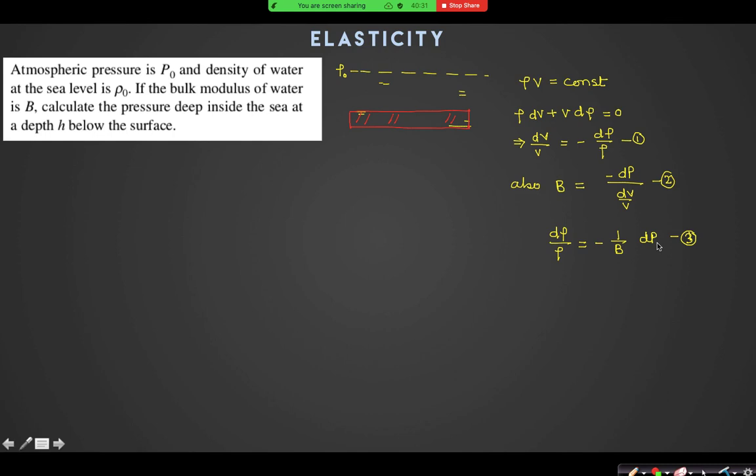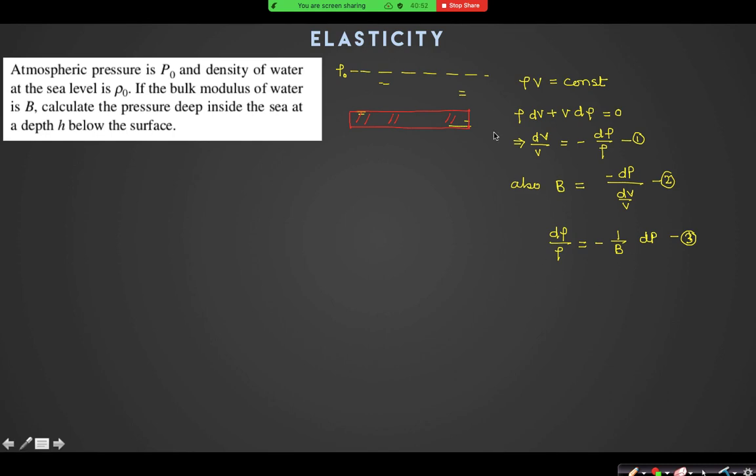So I have to find pressure in terms of H. We can find density in terms of pressure, and also pressure in terms of density. One more equation is there.